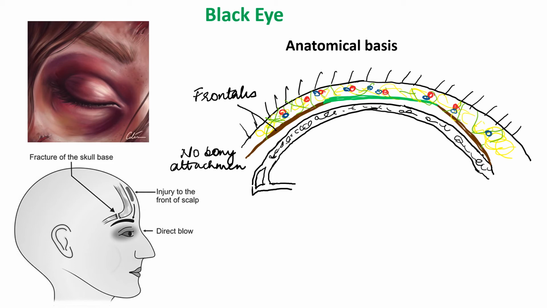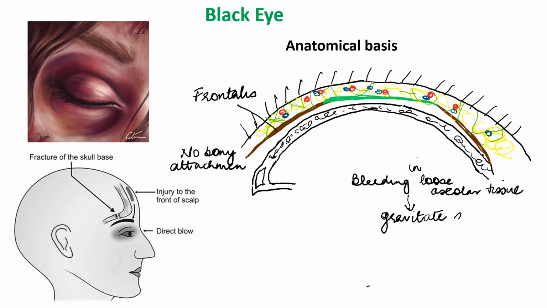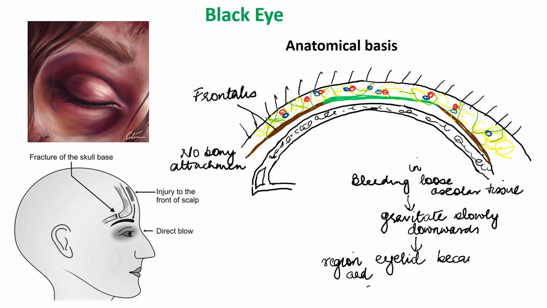So, if bleeding takes place in the loose areolar tissue, the blood tends to gravitate or move slowly downwards to the area of the eyelid, the region around the eyelid, because the frontalis belly is not attached.